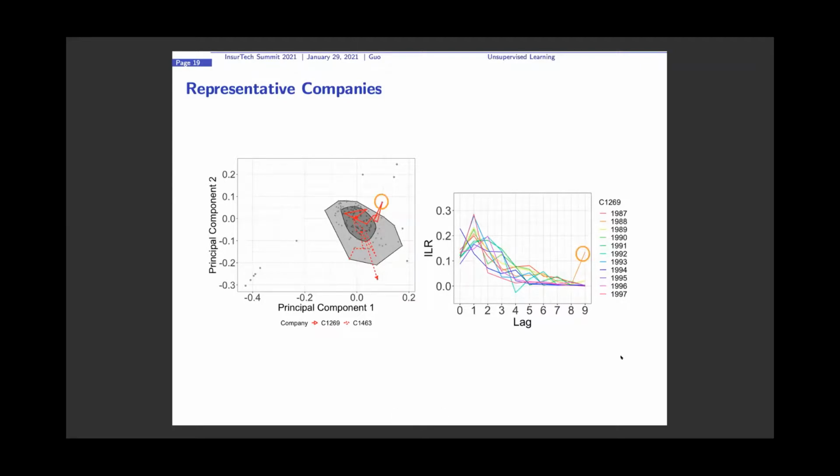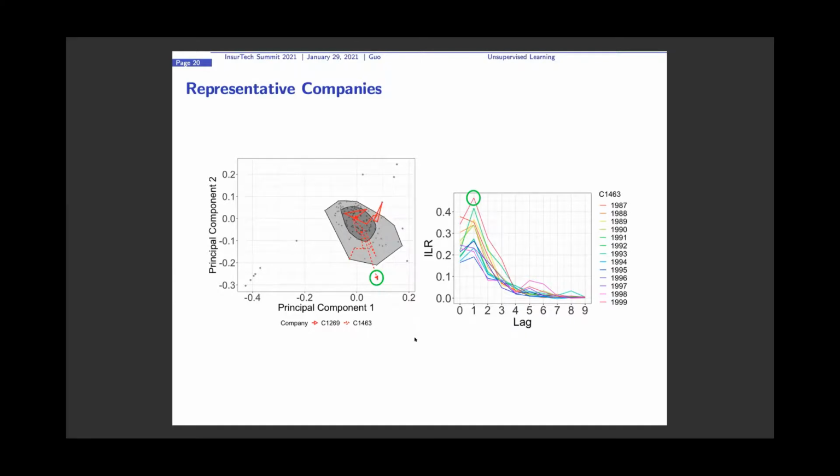So the first company on the right-hand side is the functional curve of the ILR for our C1269. You can see that the outlier here is catching the high ILRs in lag 9, and also for the other company, in the year 1999, the curve is showing the high ILR in lag 1.